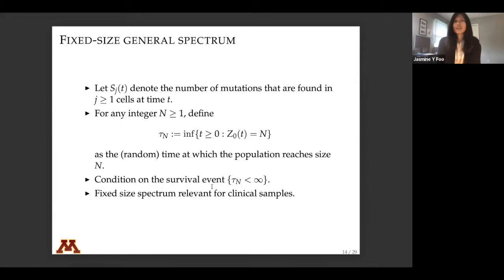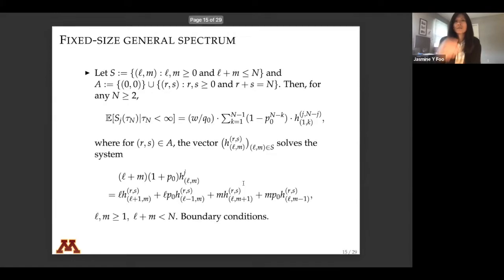And so conditioning on the event that this hitting time is finite, we can write down a computational expression for the expected spectrum at this hitting time. And I don't expect you to dwell on these formulas for very long, but I'll just mention that this also matches up with the prior approximations when p0 equals 0.